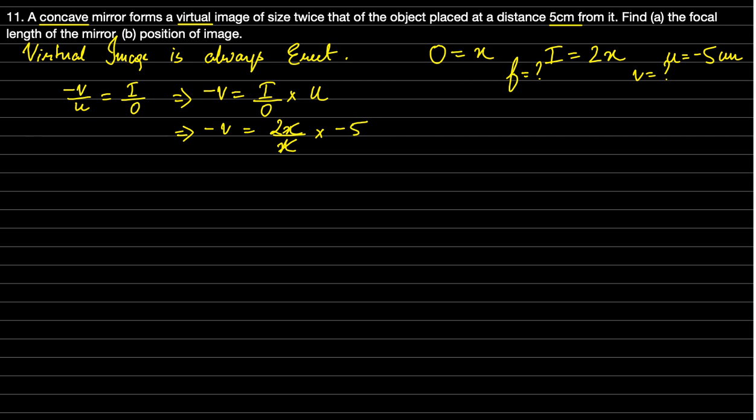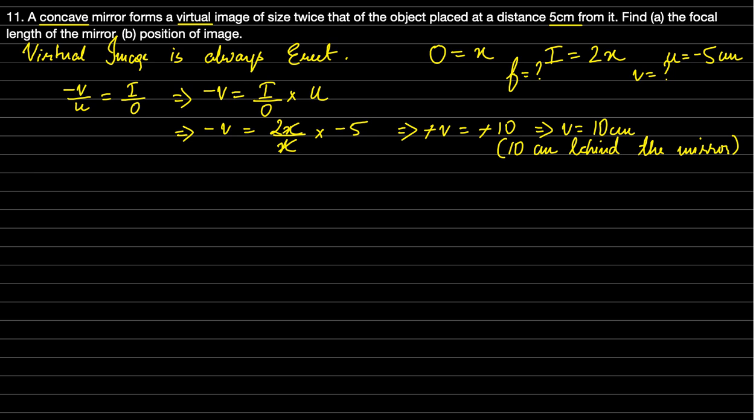So we have minus v is equal to minus 10. 2 into minus 5 is minus 10. So we get minus v is equal to minus 10. Minus and minus cancels. So we get v is equal to 10 centimeter. So we can write the position as 10 centimeter behind the mirror. So we got the value of v as 10 centimeter behind the mirror.